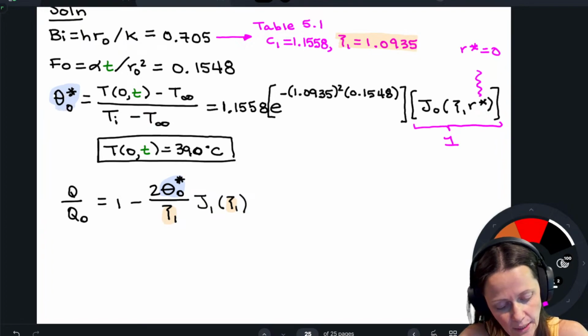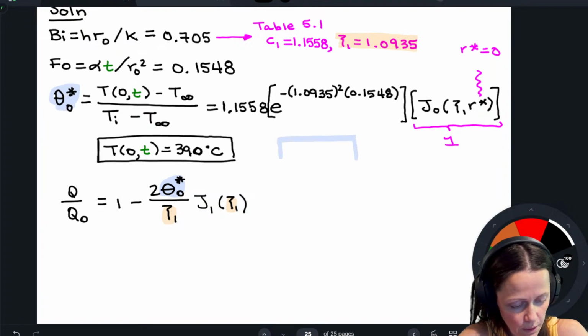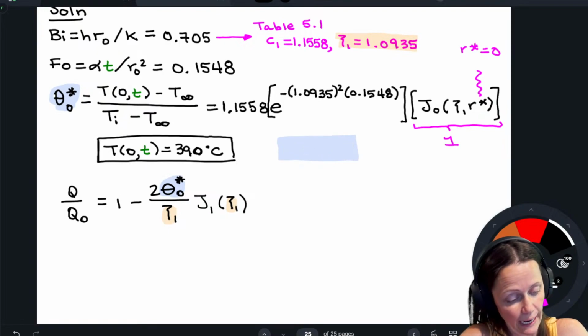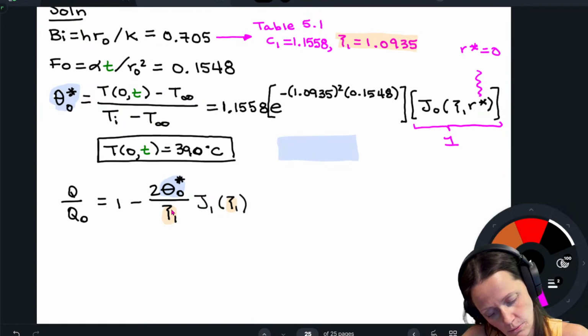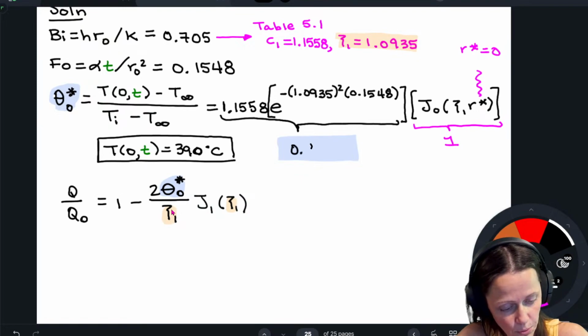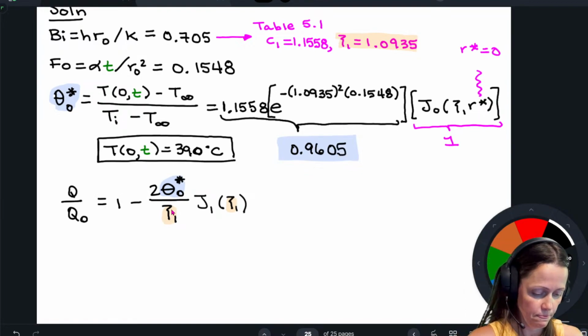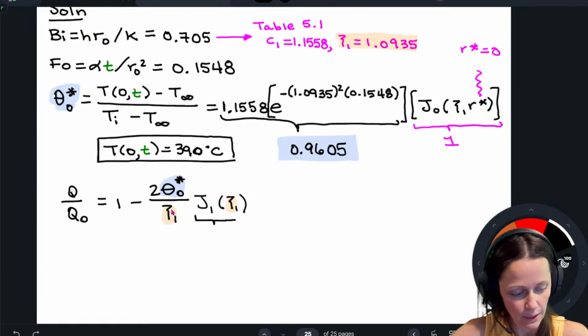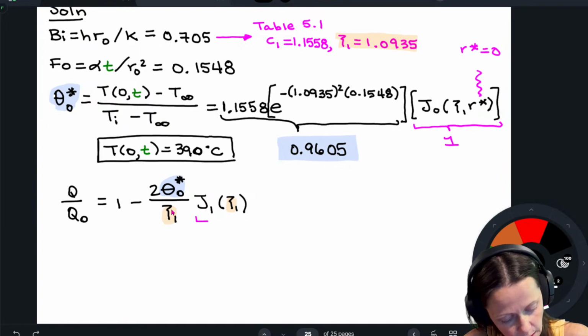And although we didn't actually get a number for him, I do have one, right? This whole thing is that theta star naught, and we've got a value of 0.9605. So I've got all the stuff, and in fact, I can go ahead and get this guy. I'm going to write it in pink. I can get this guy as well.